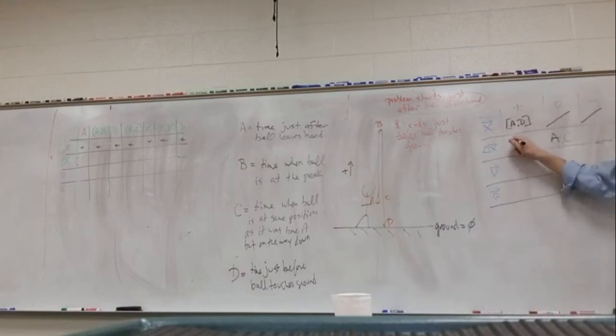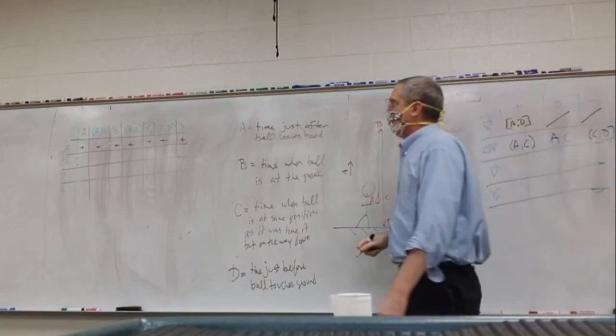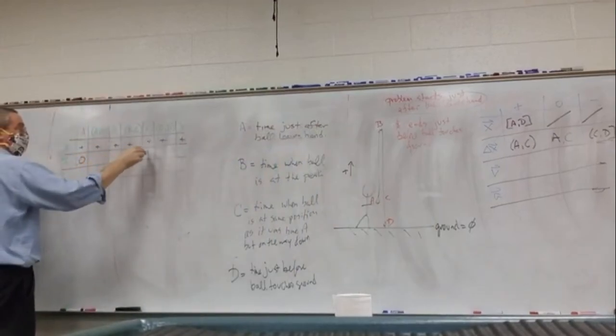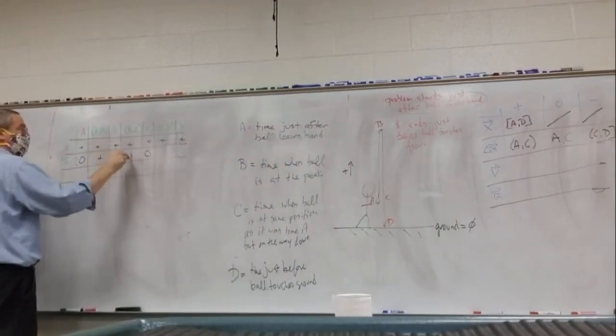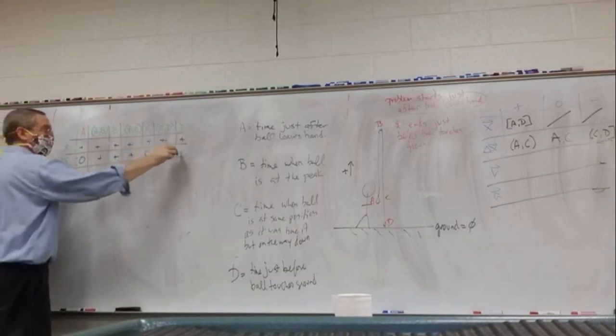So it's positive from A to C, and then negative from C to D. So it is 0 here, 0 here, positive from A to C, not including them, and then negative afterwards.